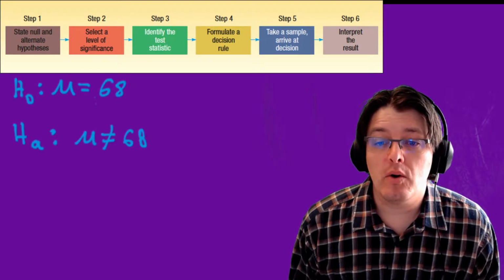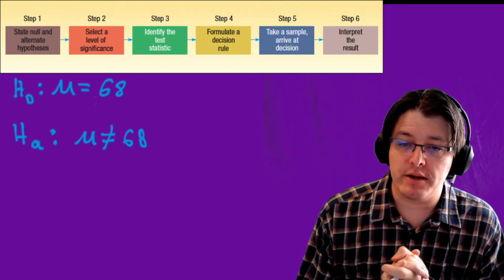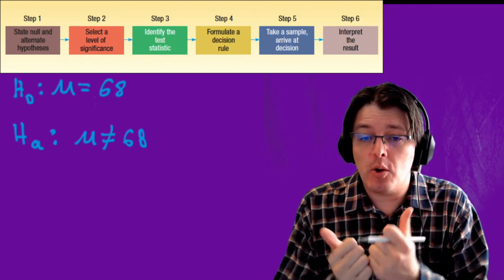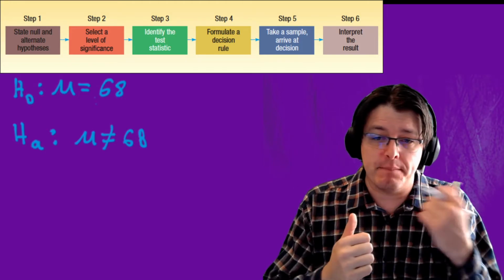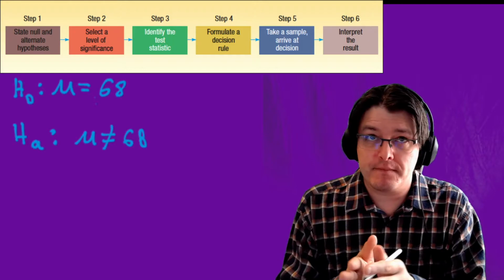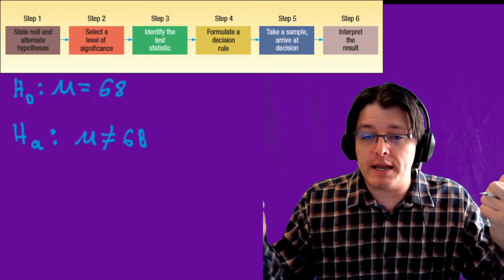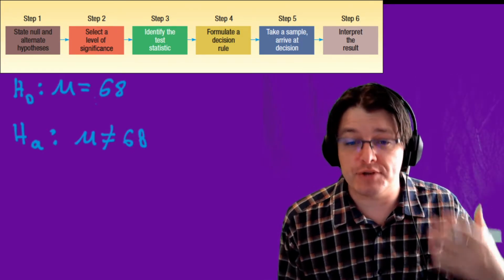Now, this is our first decision. What we have written here is what we call a two-tailed test. Two-tailed because we don't care if it's above or below. If it's 68, that can be true, but if it's wrong in either direction, we'll go with the alternative and reject the null.